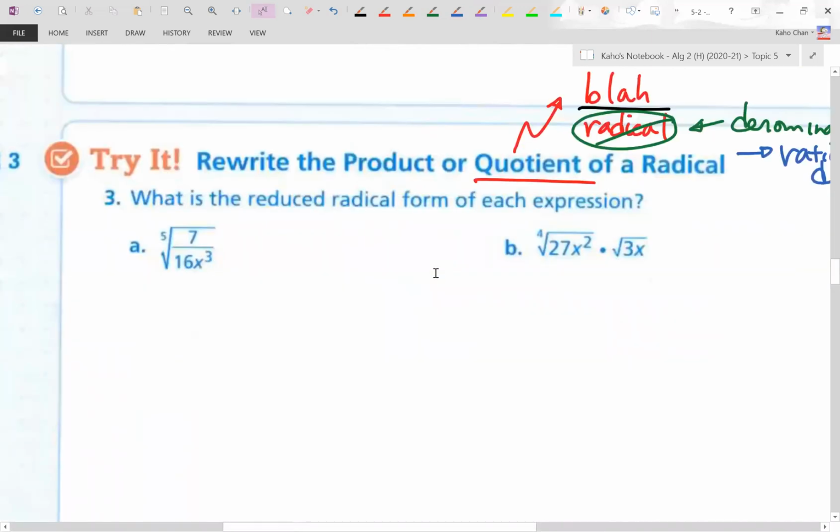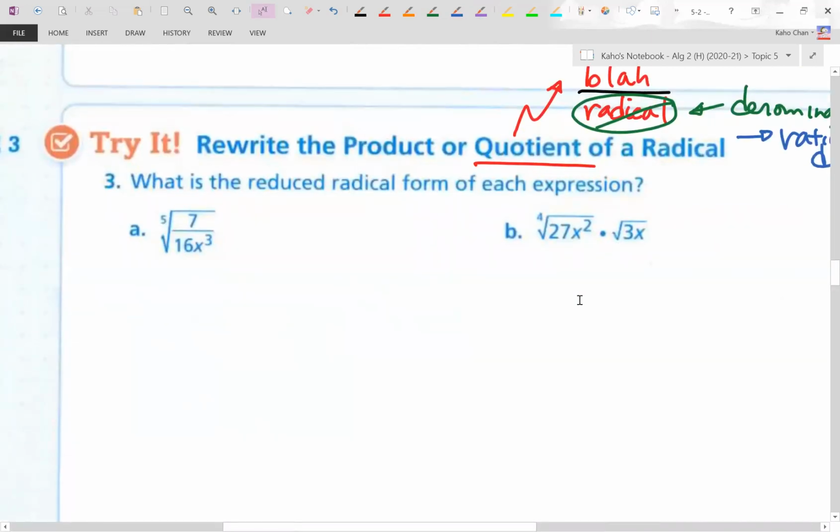All right. So let's take a look at number 3a here. We're looking for the fifth root. We need 5 factors to come out. Now, right away, we have an issue. 16 breaks out into 4 2's. That's not 5. It's in the denominator too.